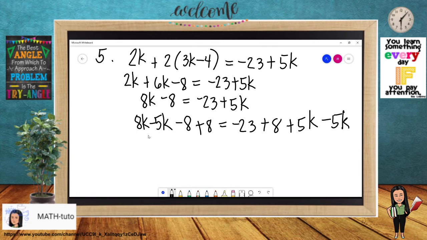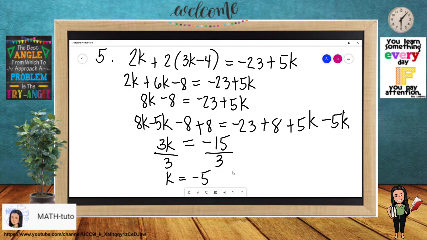We have here 3k plus 0, so 3k lang siya. And then on the right side, we have negative 15. We divide both sides by 3. K is negative 5. Okay, let us have another example.